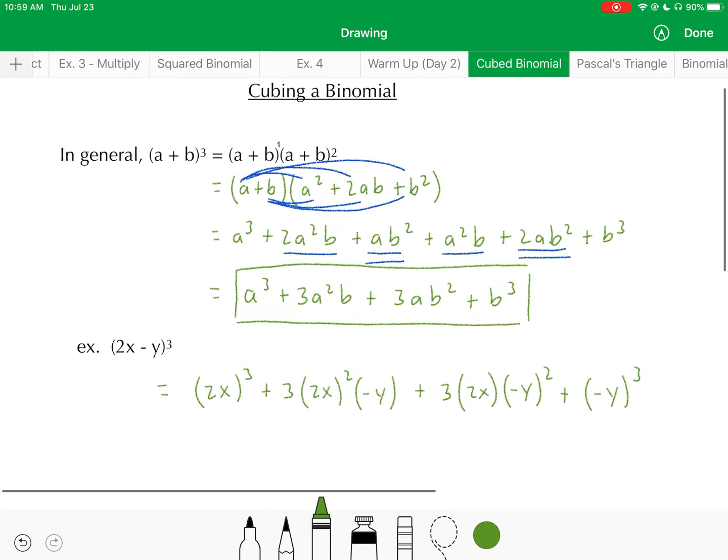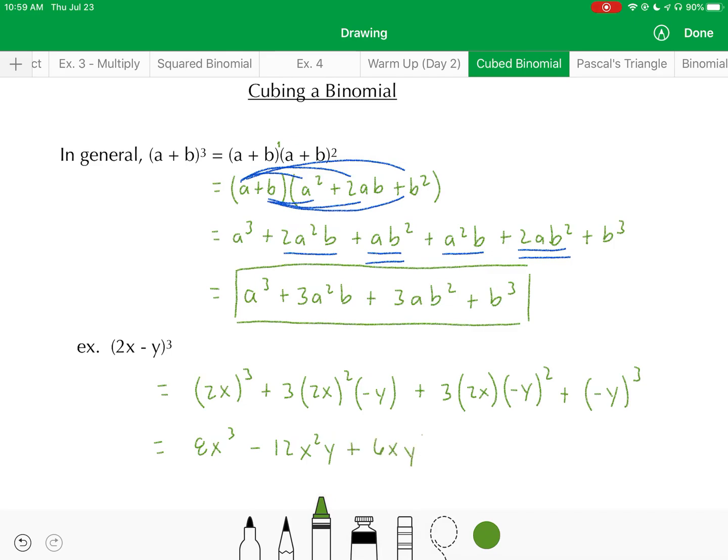All right, so if I simplify all that, 2x cubed would of course give me 8x cubed. 3 times 2x raised to the second times negative y, that's going to end up giving me negative 12x squared y. 3 times 2x times negative y to the second will give me positive 6xy squared.